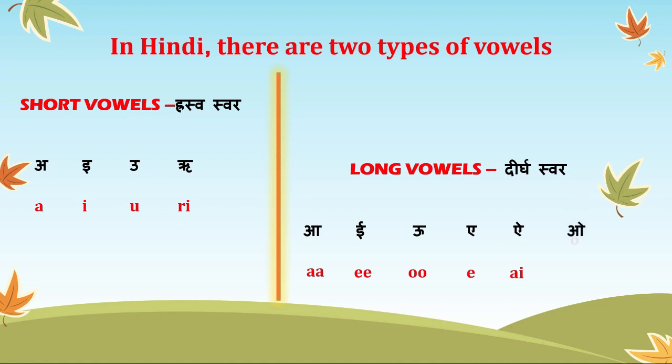Next, O, in English, O as in cold, C-O-L-D, cold. Next, Au, in English, Au as in organization, O-R-G-A-N-I-S-A-T-I-O-N, organization.